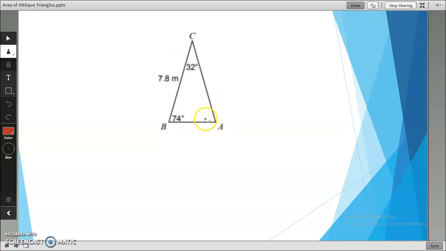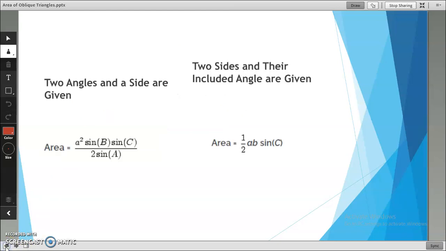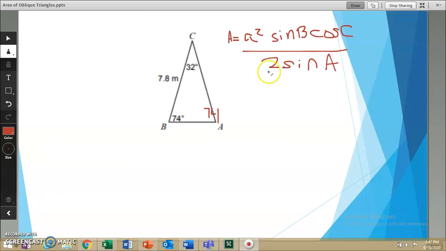All right, so we have two angles and a side that's given here. We can find out what this other angle is because the total amount in my triangle has to equal 180. So that means that this has to be 74. So 32 plus 74 plus 74 gives me 180. So then going back to that formula, my formula is what I have here.